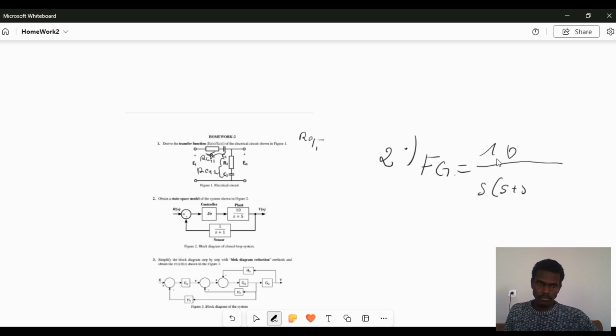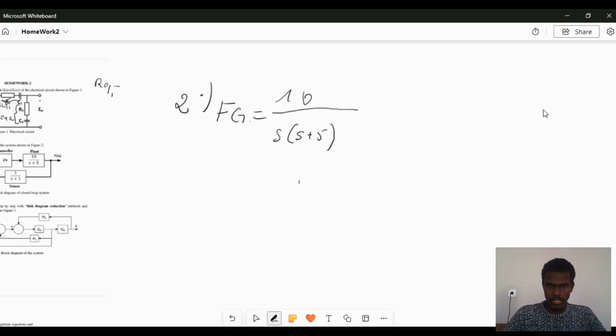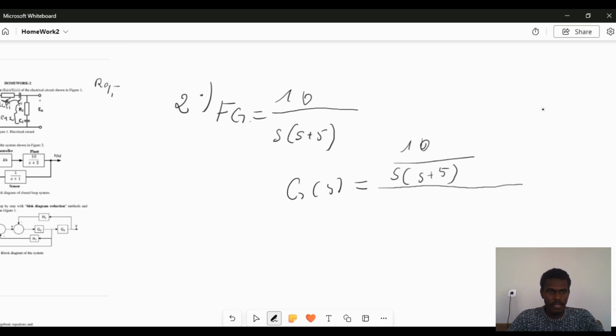Let's continue, and you can say G(S) is equal to 10 over S(S plus 5), divided by 1 plus 10 over S(S plus 5) multiplied by 1 over S plus 1.